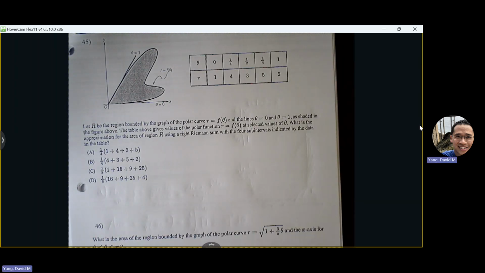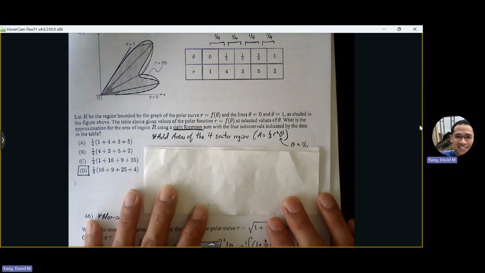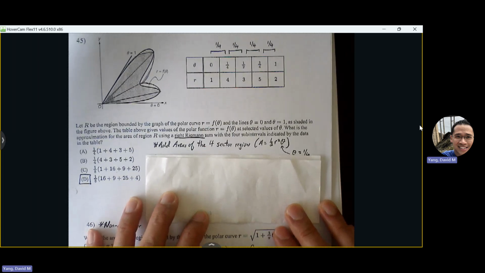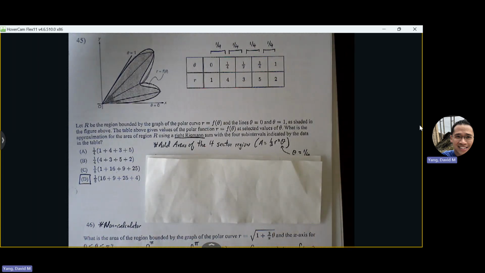Okay, page 21, 45. This is Riemann sums, but it's for polar graphs. So instead of multiplying width and heights, we're multiplying theta with r squared.